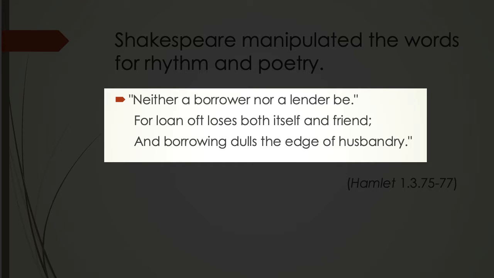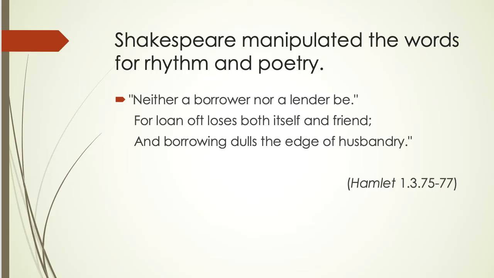of husbandry. So Polonius says these lines to his son Laertes, and he is giving him advice, and Polonius is a bit of a blowhard. And so Shakespeare tries to make him sound a little bit sophisticated, but almost as if he is trying to be overly sophisticated. And you can see right here that he says, neither a borrower nor a lender be. He does not say, don't be a borrower nor a lender.